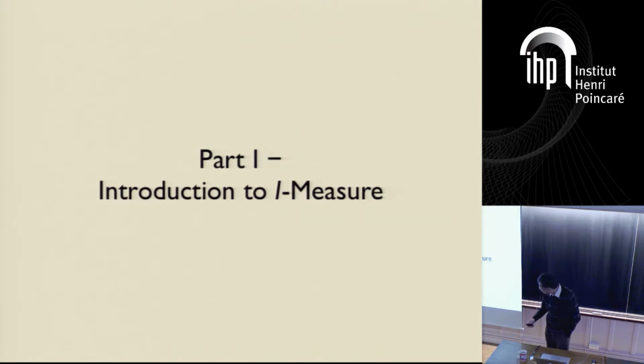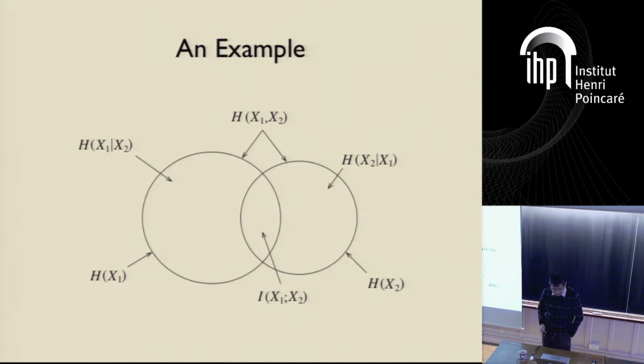Okay, so the introduction to the I measure. I think most people have seen pictures like this before. Here we have two random variables, x1 and x2, and we use a circle on the left-hand side to represent the variable x1, and a circle on the right-hand side to represent the variable x2. You can think of it in terms of area.